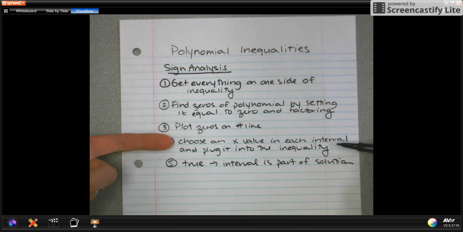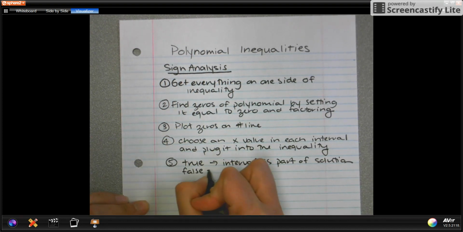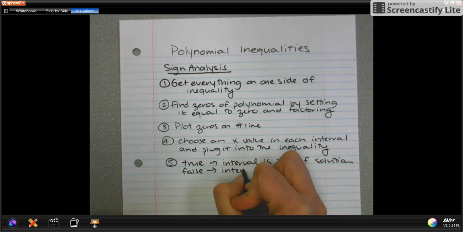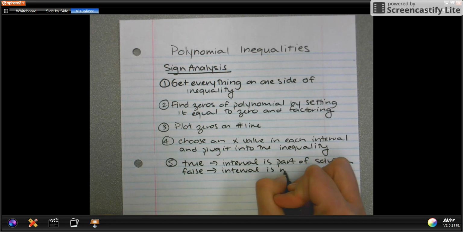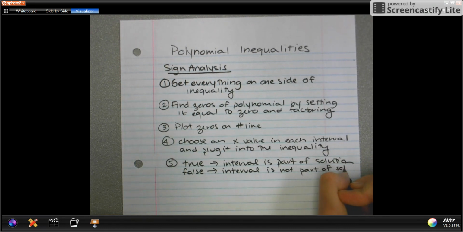If you get a false statement, if it makes the inequality not come out true, then that means the interval is not part of your solution.